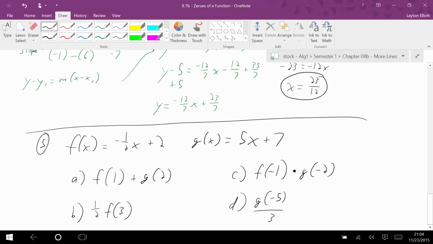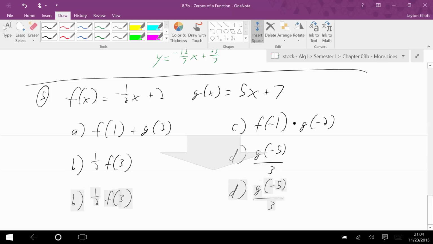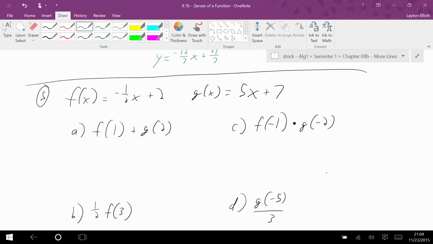So this is just pointing out some of the things you can do with functions. I'm going to stick some space in here so I have some space to work on these. On the first one, f of 1 means to plug 1 into the f function. So negative 1/2 times 1 plus 2. And then I could keep writing this out. This plus is this plus. And g of 2 means to take this 2 and plug it in there. So 5 times 2 plus 7.